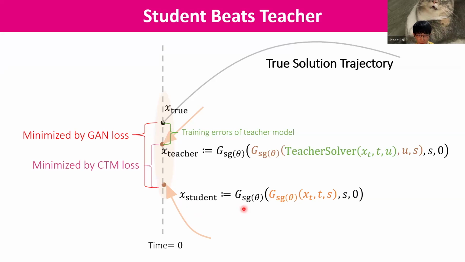With this, we can mitigate the inherent errors between the pre-trained teacher model and the true score. So that's how the student, which is the CTM, can beat the teacher.